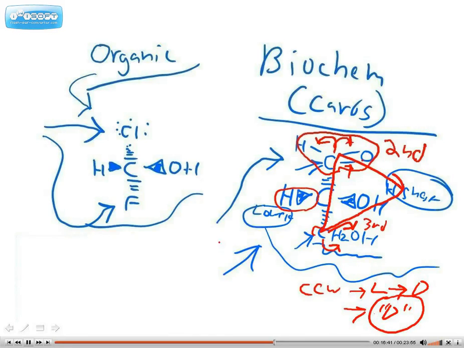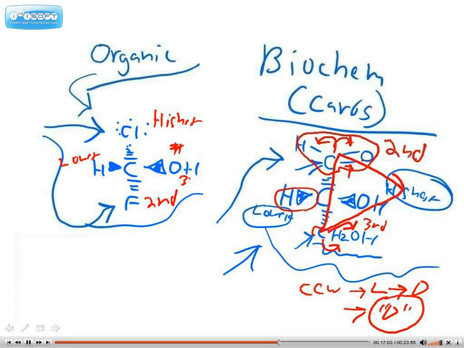Okay, let's go ahead and do this other organic molecule. Here we don't have to worry about that aldehyde issue. Fluorine, chlorine. Chlorine would be the highest. The lowest would be hydrogen. Fluorine would be second.